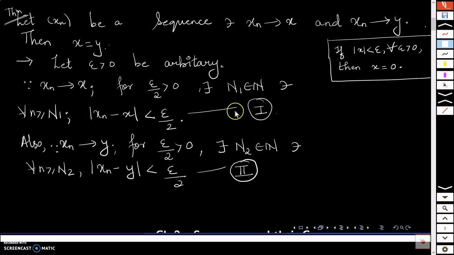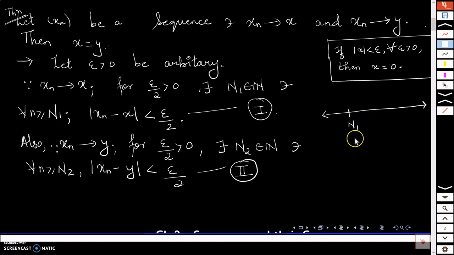Now what does statement 1 say? Supposing this is my real line, it says there is a natural number n1 here such that this condition, that is xn minus x is less than epsilon by 2, works for all numbers small n which are bigger than or equal to n1.